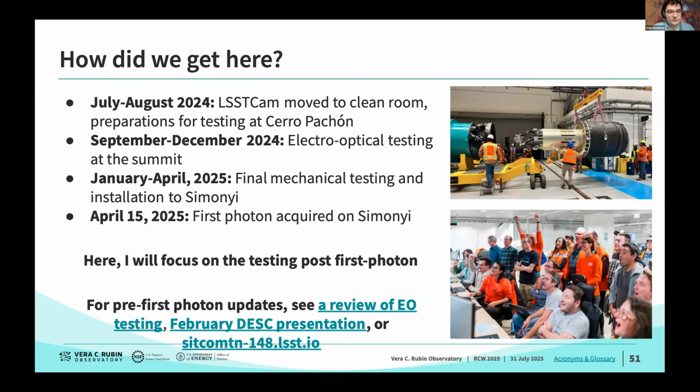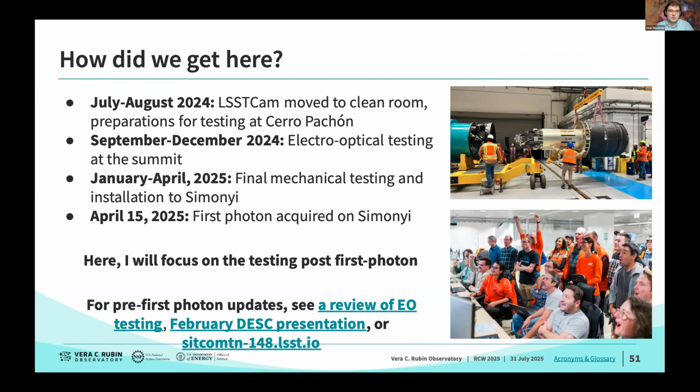And so LSST camera has had a very exciting past year. We spent about 4 months of last year performing electro-optical testing at the summit. This involved teams of 2 camera shifters, as we called it, running optical tests on the camera to make sure that it passed our post-shipment tests and also performing final optimizations to the focal plane.